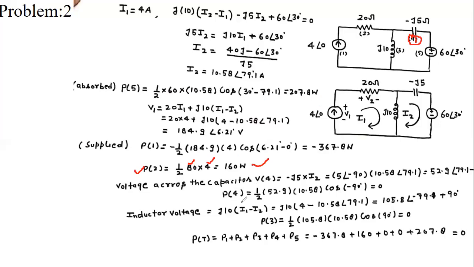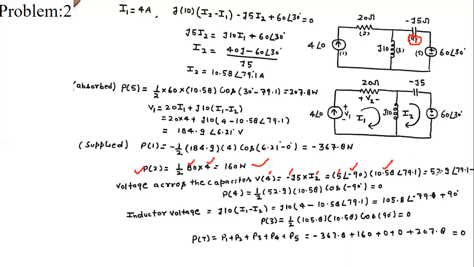So the voltage across the capacitor, for P4, the impedance value is minus j5 and the current value is I2. When we put minus j5, it is equivalent to 5 at minus 90 degrees in polar form, multiplied by the value of my current.